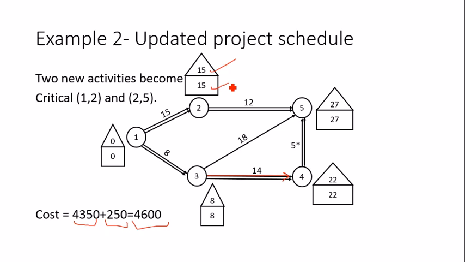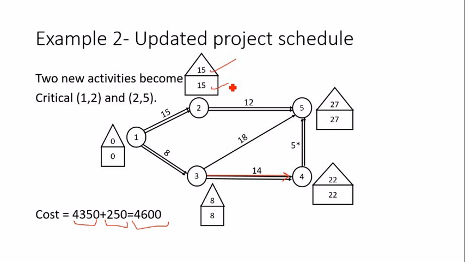The ones which were originally critical will remain critical throughout the network. The critical cannot become non-critical, but an activity which was non-critical in the previous step may become critical now. So you need to remember this step.